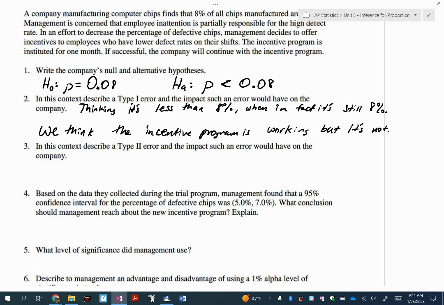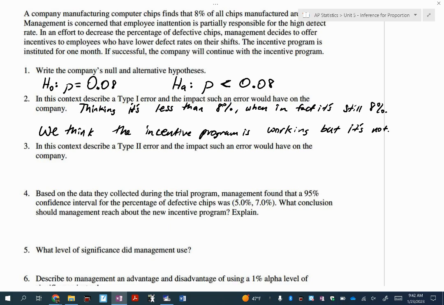All right, let's do number 3, type 2 error. So in your brain, try to think what would be a type 2 error. Do a lot of that on the AP exam, and then you'll get a 5 for sure.